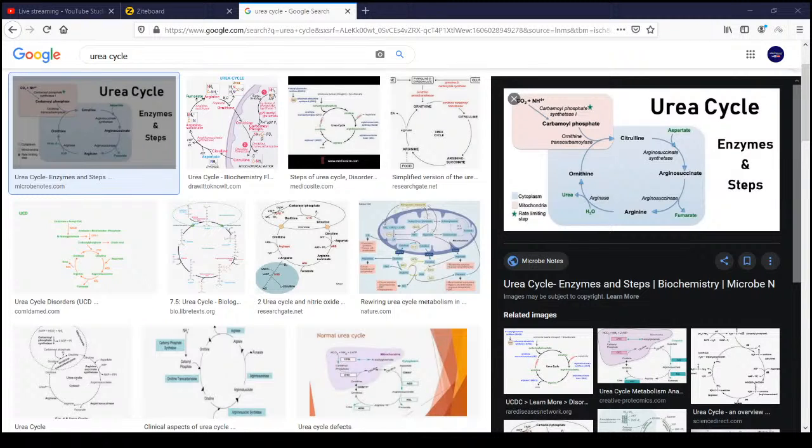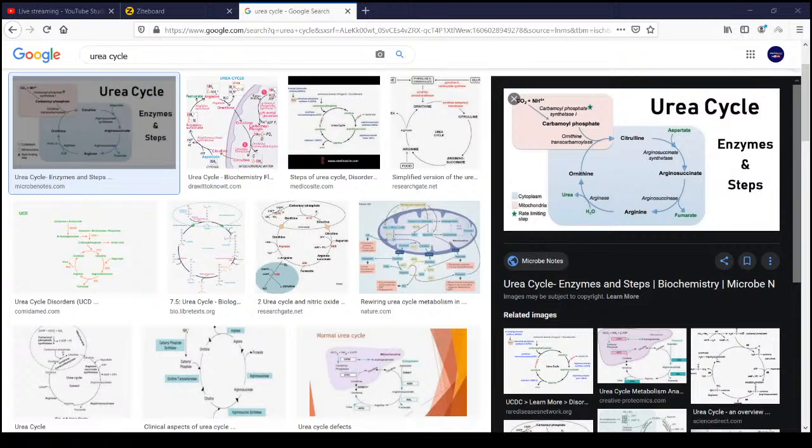Which one of the four parts mentioned below does not constitute a part of a single uriniferous tubule? Very good question. The options are distal convoluted tubule, collecting duct, Bowman's capsule, loop of Henle.